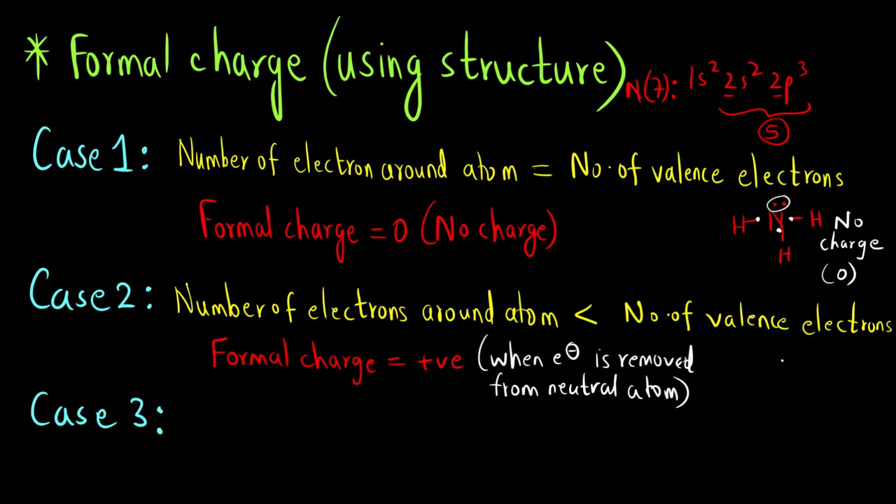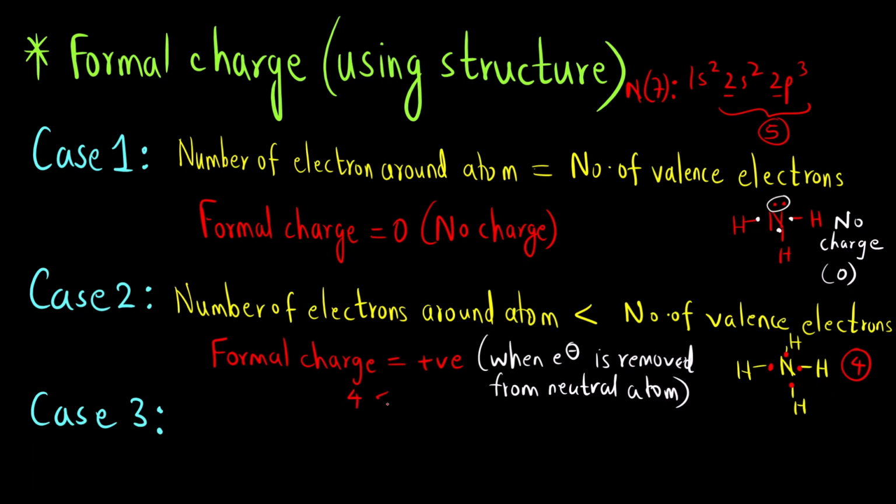Let us understand with the help of an example. Again, let us take nitrogen. Okay, here nitrogen is forming 4 bonds. So how many electrons are there around nitrogen? One more important thing is, out of the 2 electrons forming the bond, you have to count only 1 electron because nitrogen is contributing only 1 electron. So 1, 2, 3 and 4. So total 4.